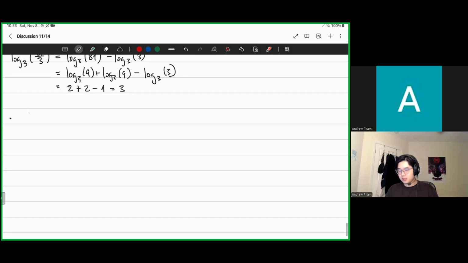The power rule states that if I have logarithm base b of x to the a, so I'm raising my argument to a power a, this is the same thing as saying a times log base b of x. This is also very useful. We call this the power rule.